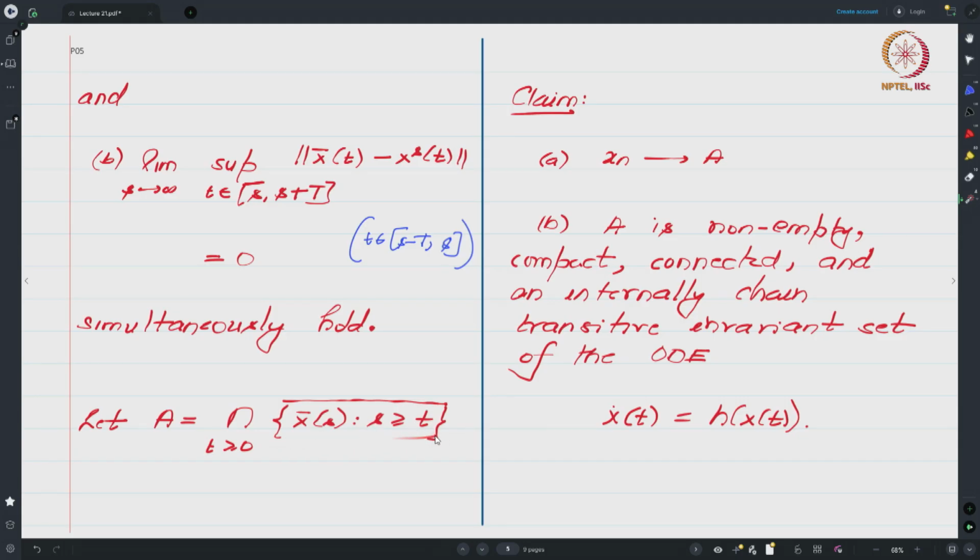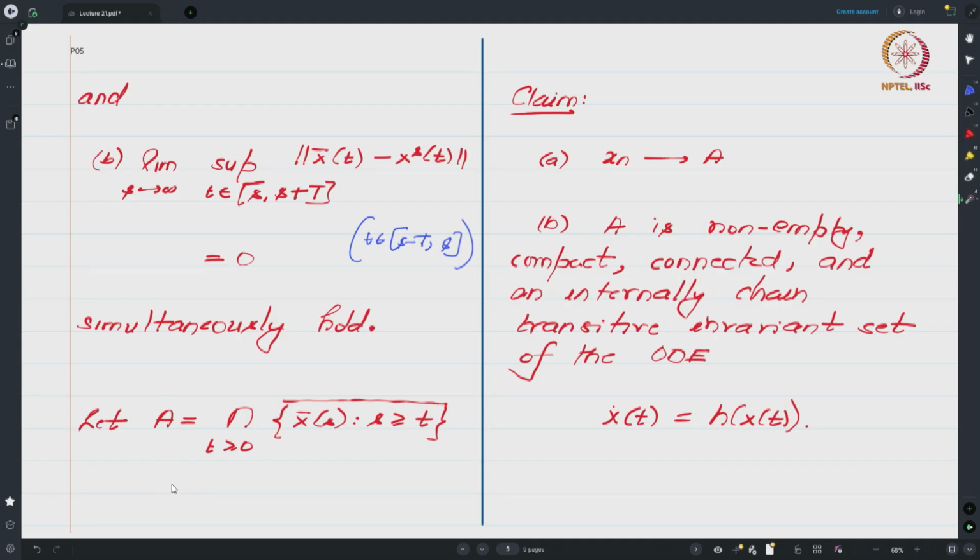So, this will form a set, and this overline over here implies that we look at the closure of this set. Is that okay? So, this is a closed set, right, and we look at the intersection of all such sets for t bigger than equal to 0, and we will refer to this as A.